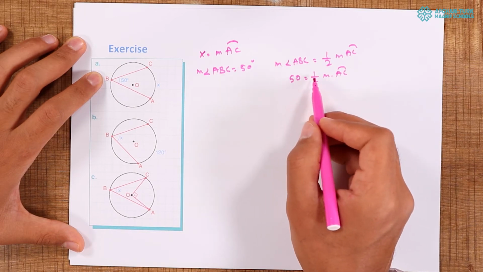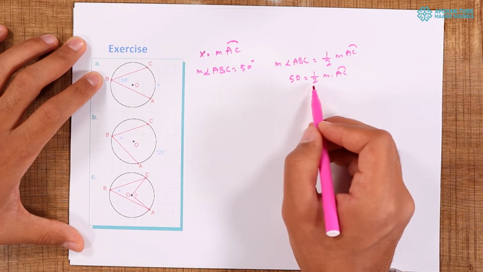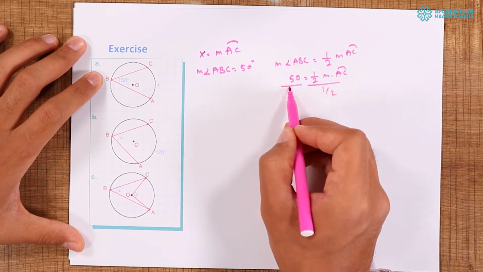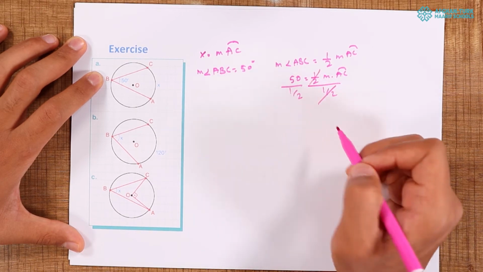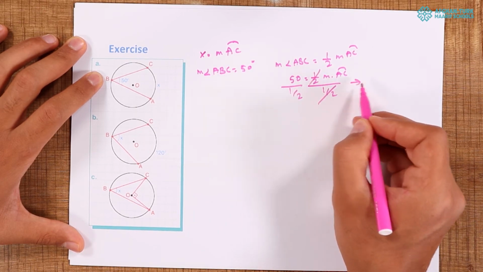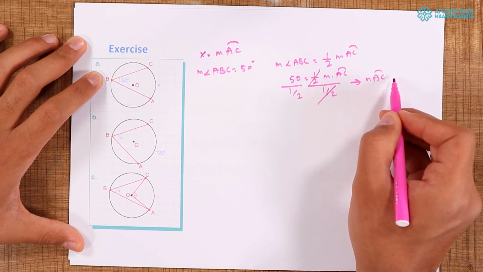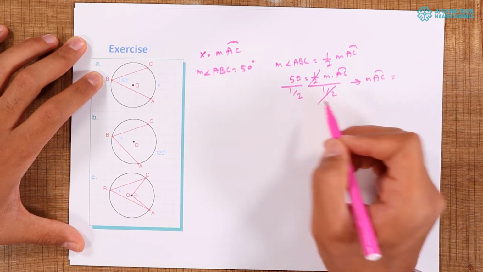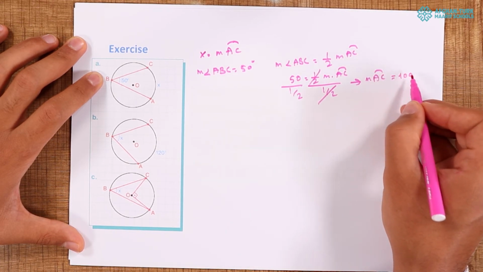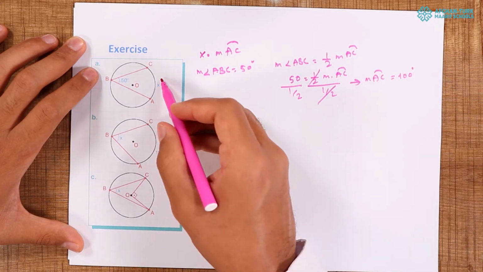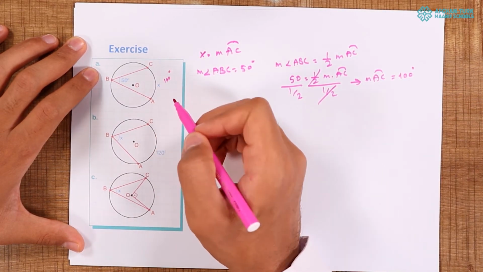What should we do? If we divide both sides of the equation by 1/2, the 1/2 cancels. So the measure of arc AC is equal to 50 divided by 1/2, which is 100 degrees. So x is 100 degrees.